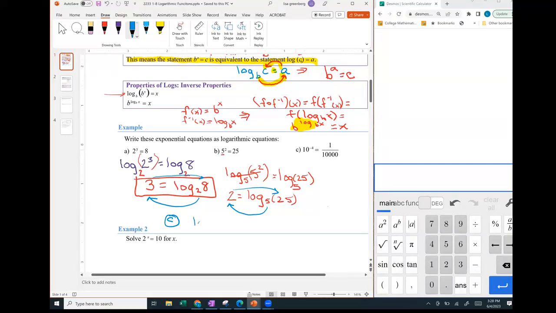So we have 10 to the negative 4 equals 1 over 10,000. I'm going to take the log base 10 of both sides, because I know that if I take the log of a base to the same argument, they cancel. So I'm going to do that to both sides.